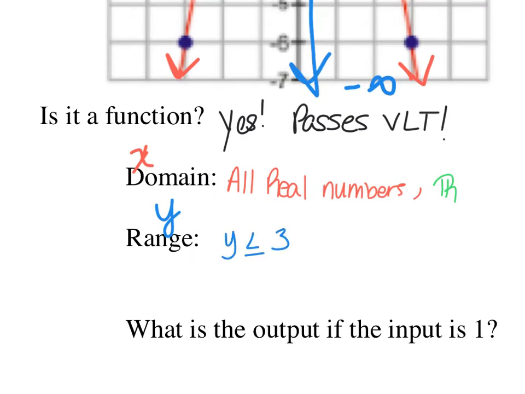I can also say, if I want to write this in interval notation, that my range is negative infinity to 3. The reason why I put my negative infinity first is because that's smaller than a 3. I put a bracket around my 3 and a parenthesis around negative infinity.